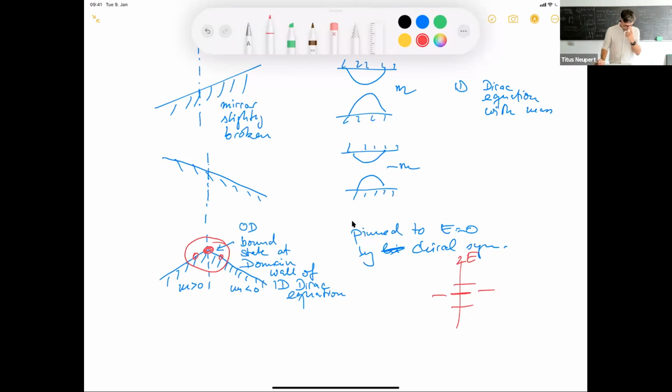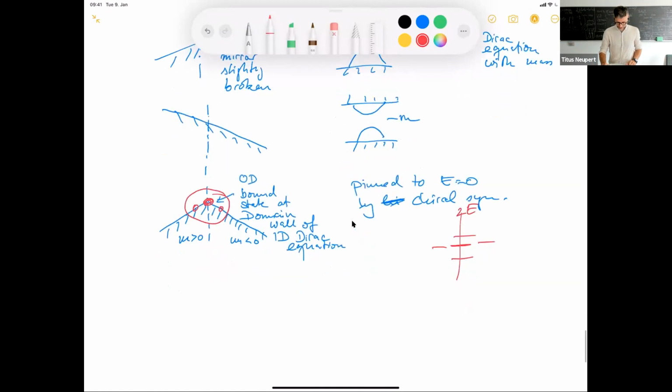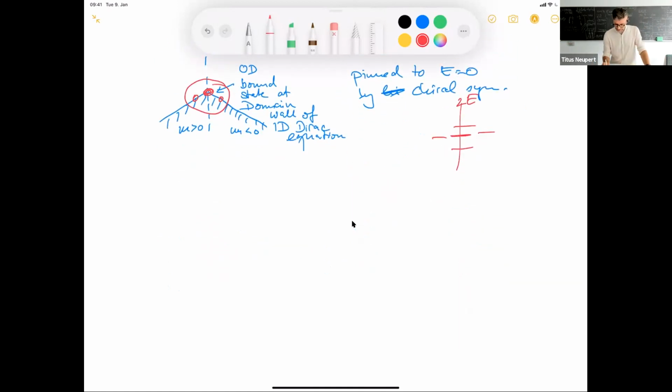Okay, good. Now I wanted to tell you a bit more about mirror numbers, but I'm going to skip that in the interest of time, because it was something that Jen has already covered. We've heard from Jen that there are mirror numbers, which are basically the Chern number on a mirror plane in a 3D crystal, where you can decompose your Hilbert space in mirror even and odd states, and you compute the Chern number of one of these mirror subspaces.